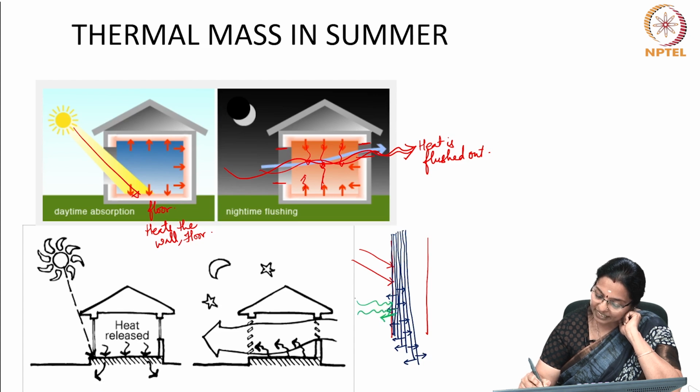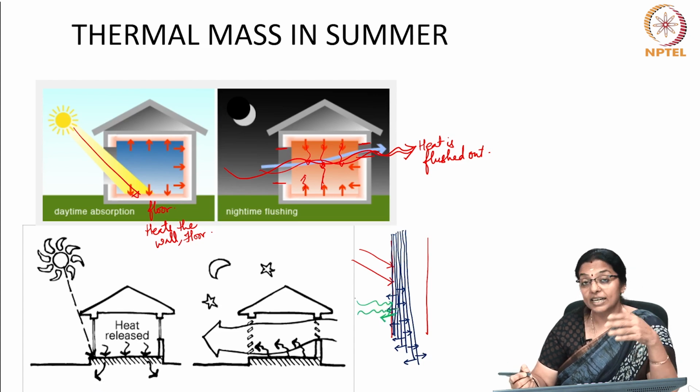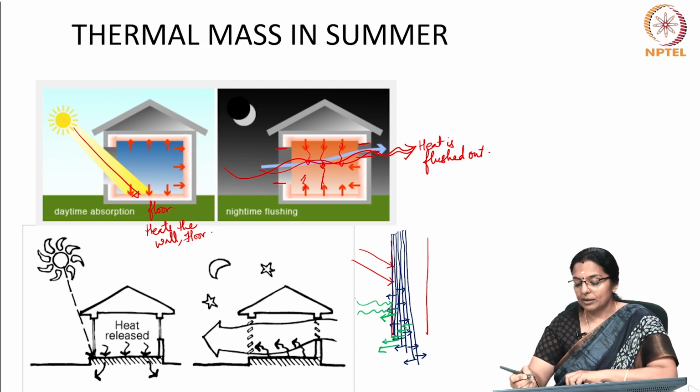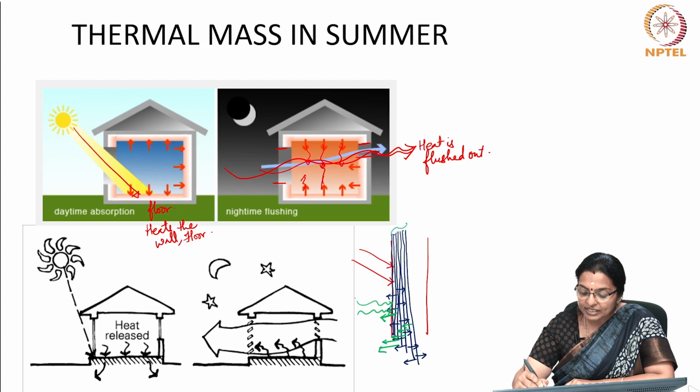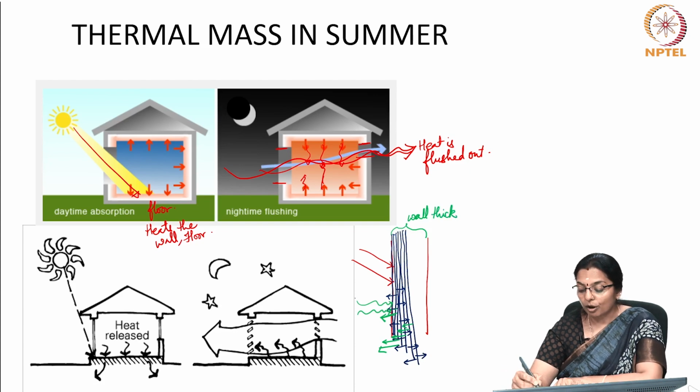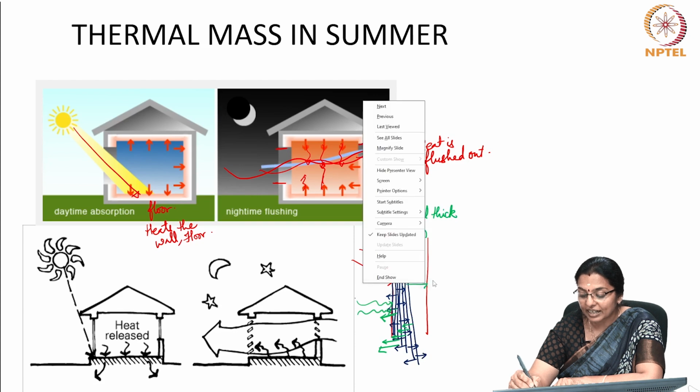So, heat radiation along the outside is faster. So, now the direction of heat gets reversed. So, can you see, by virtue of designing this wall which is thick, you have not allowed the heat to reach the inside at all.